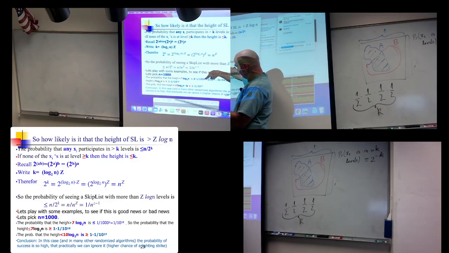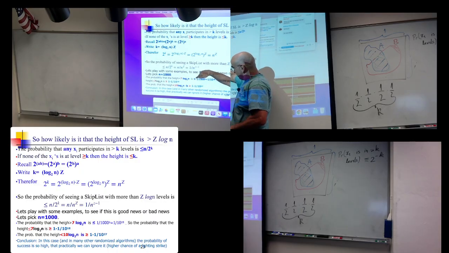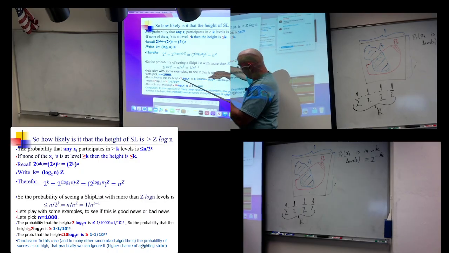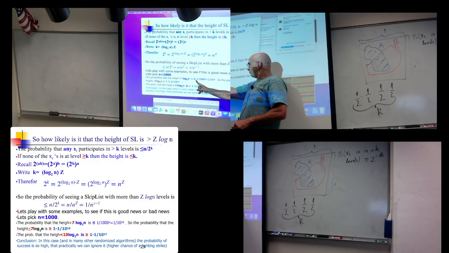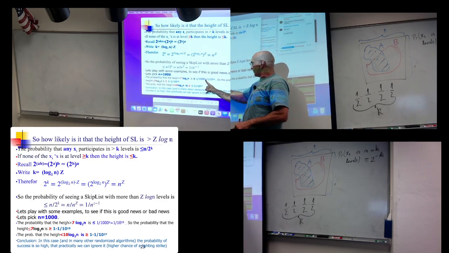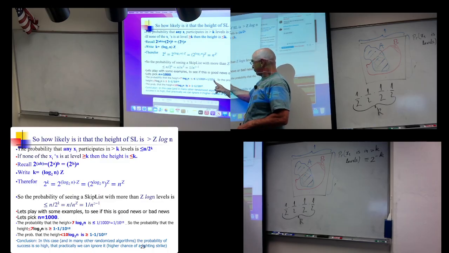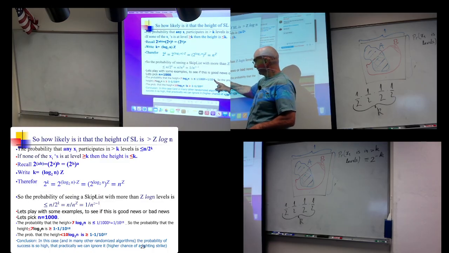Z is 7, so 7 minus 1 is 6. The probability that the height of the SkipList is so much larger than log n is smaller than 1 over 1,000 to the power of 6, which I think is pretty small, 10 to the 18.